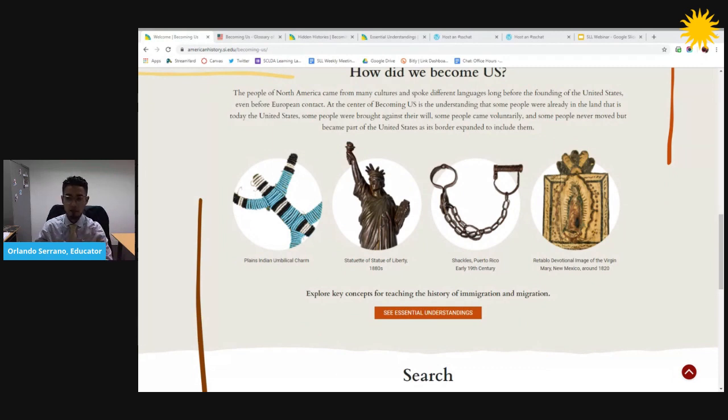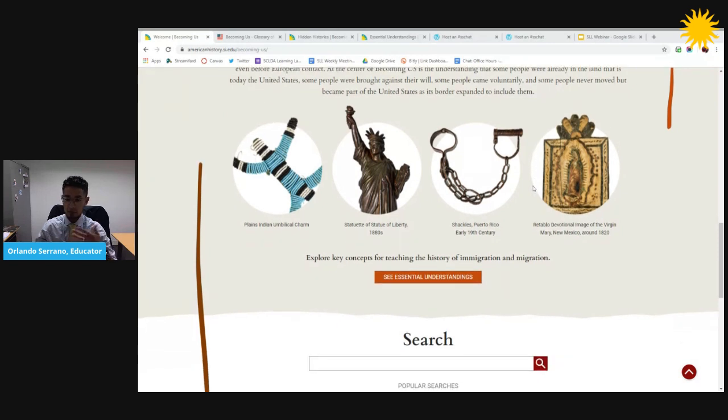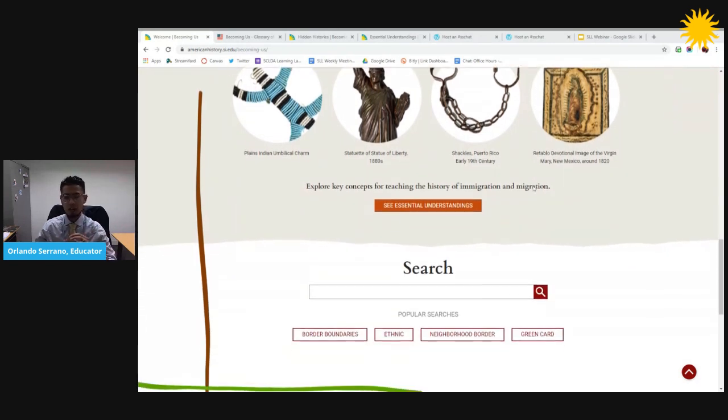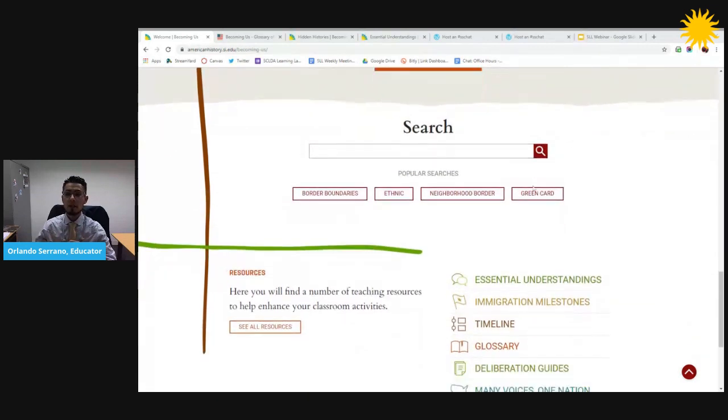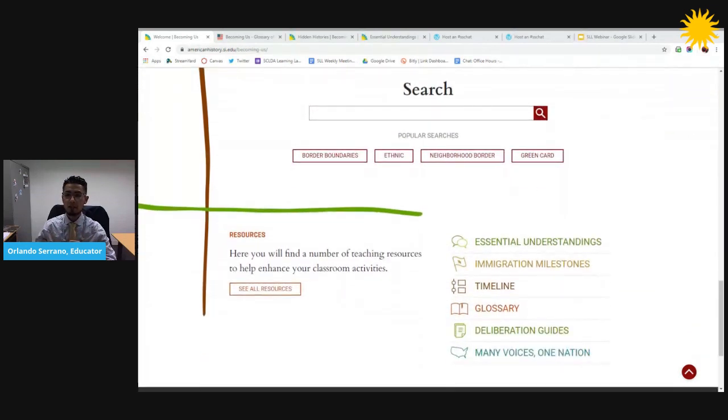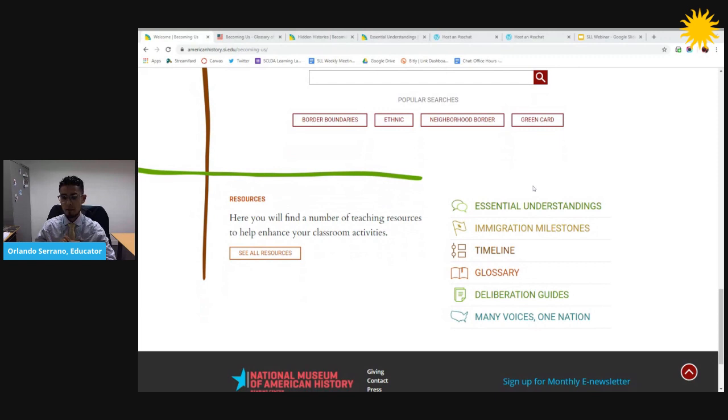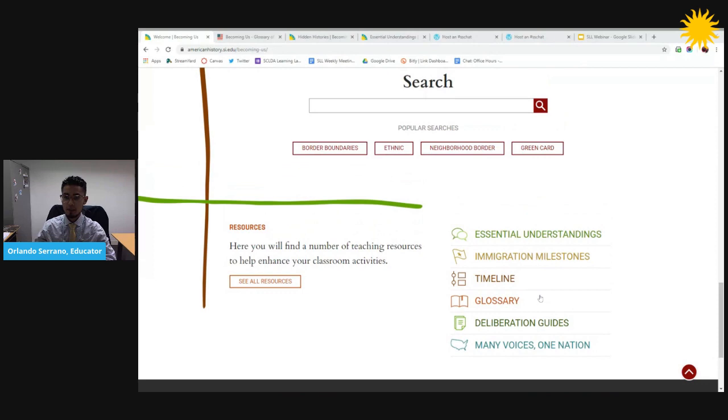And again, the four themes that structured that exhibit and structure our thinking about how we put together these resources. There's a search box if you have a topic related to migration or immigration. And right down there is the link to the Many Voices, One Nation website, deliberation guides, which we can talk about if we have time, and then some of the other resources.